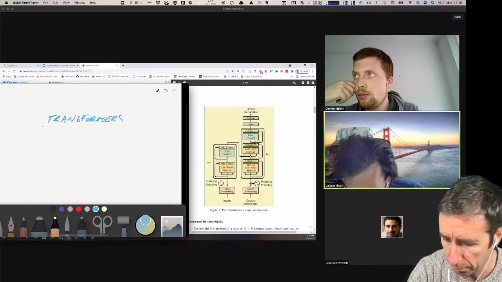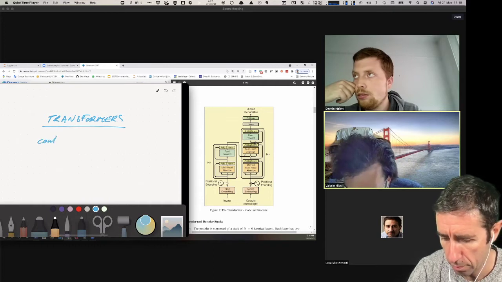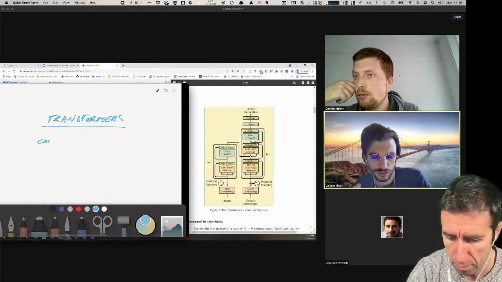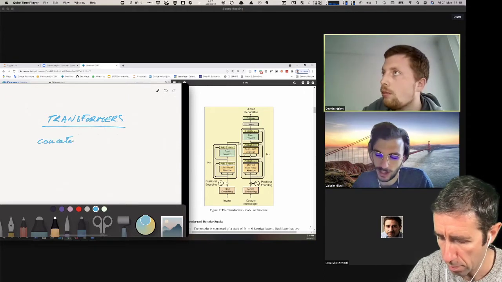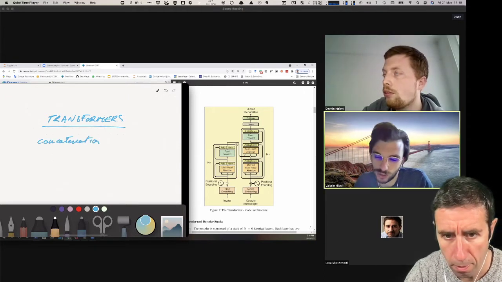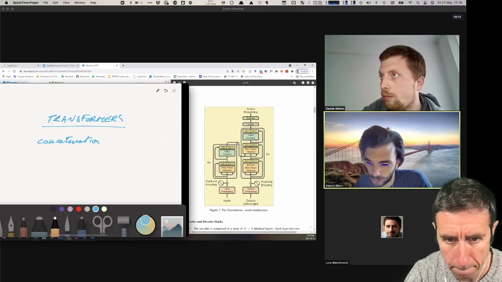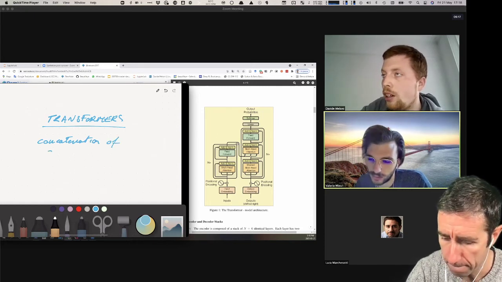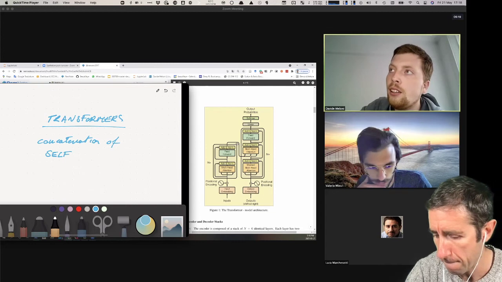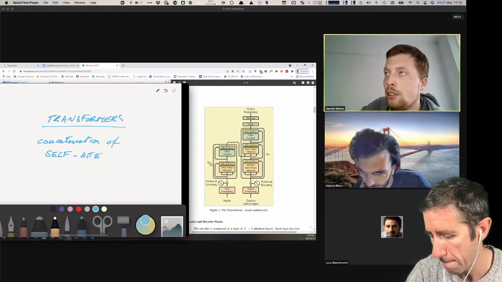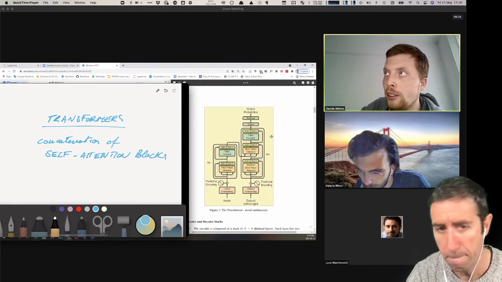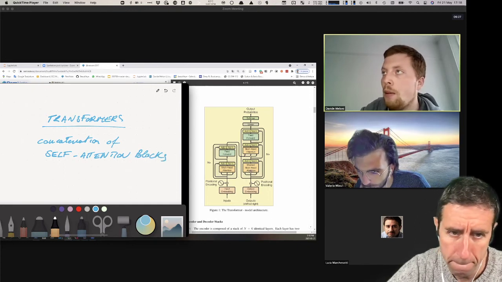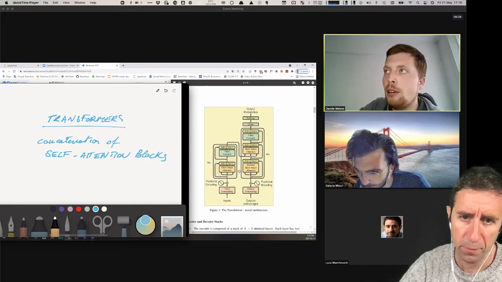Are they the orange blocks here? Sorry? In this picture, which are the block or the blocks that make the transformer? You could say that there is a transformer in the encoder, the left part, and there is another transformer in the decoder. Okay, but this is a seminal paper about transformers.